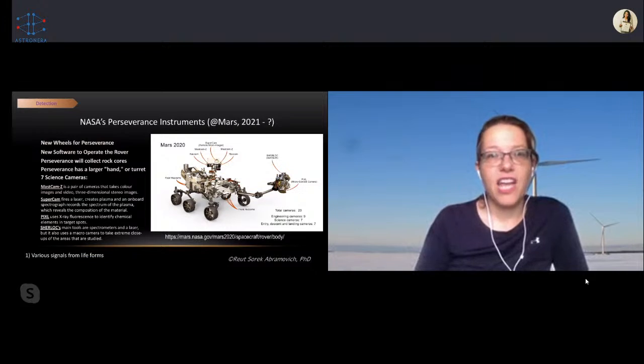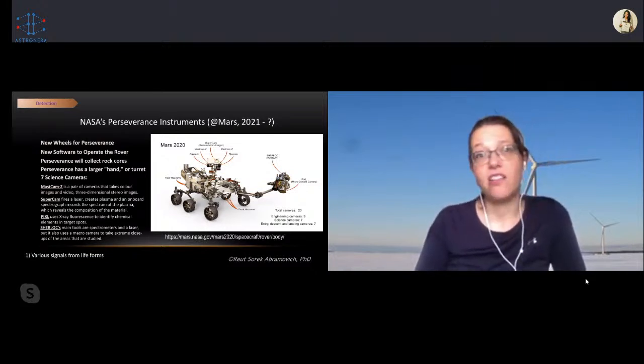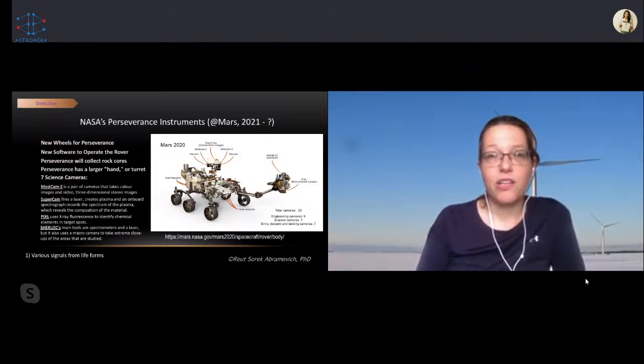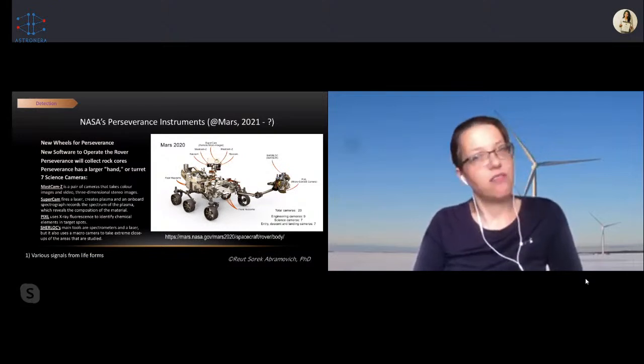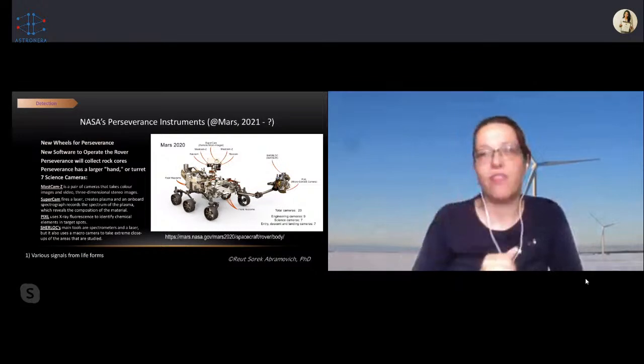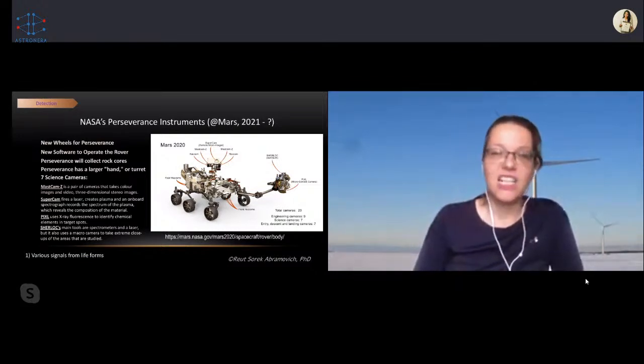So first of all, there's a camera called Mastcam-Z, which is a pair of cameras, and they take color images and video, three-dimensional stereo images, basically looking at something and saying whether life perhaps has been there. If they find a really, really big fossil, then those cameras might catch it, and you will look at it and say, okay, we have a big fossil here.